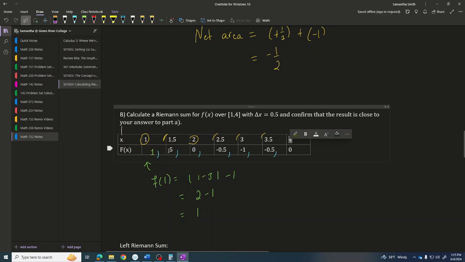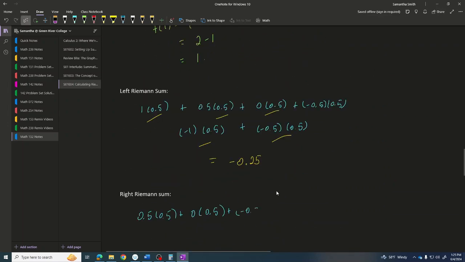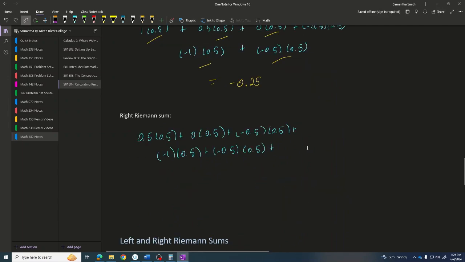As a result, we'll be using this right y value on each little chunk instead of the left value. So let me calculate that and write that up. Okay, and here's the value that would be gotten by the right Riemann sum. The right Riemann sum gives us a value of negative 0.75.